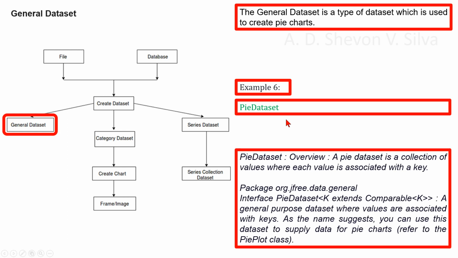Refer to the PiePlot class. This type of dataset is most commonly used to create pie charts. As with all the dataset interfaces in JFreeChart, only data reading, not writing methods are defined. The DefaultPieDataset class provides the default implementation of this interface.